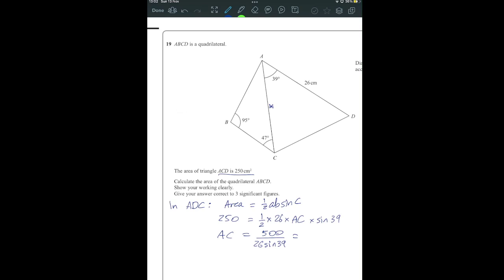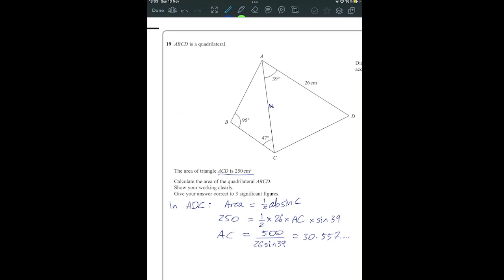will tell me that missing side as 30.557, and it keeps going. And once again, I'm going to use at least 5 sig fig in these questions because it told me my answer. I want my answer correct to 3 sig fig. I'm going to use 2 more significant figures.